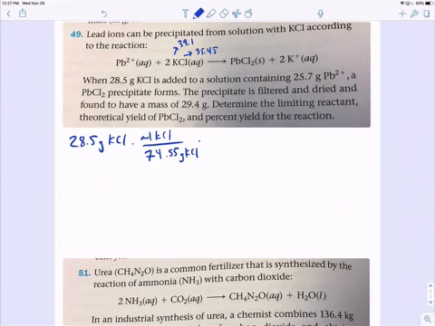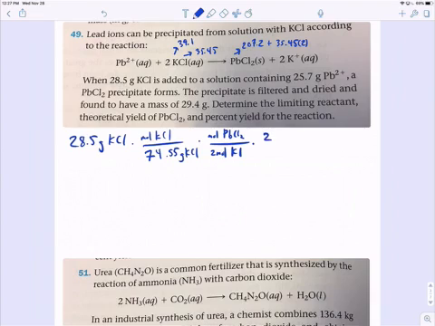Times mole PbCl2 to 2 moles KCl times, let's see here, lead is 207.2, and then plus 35.45 times 2, so that's 70.9.